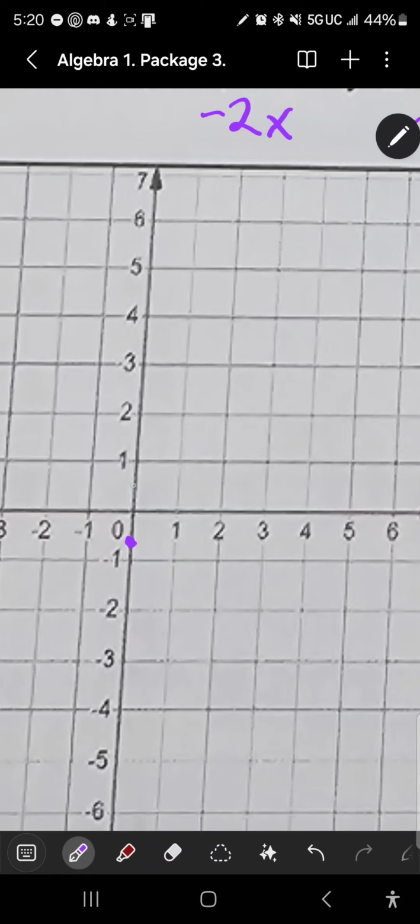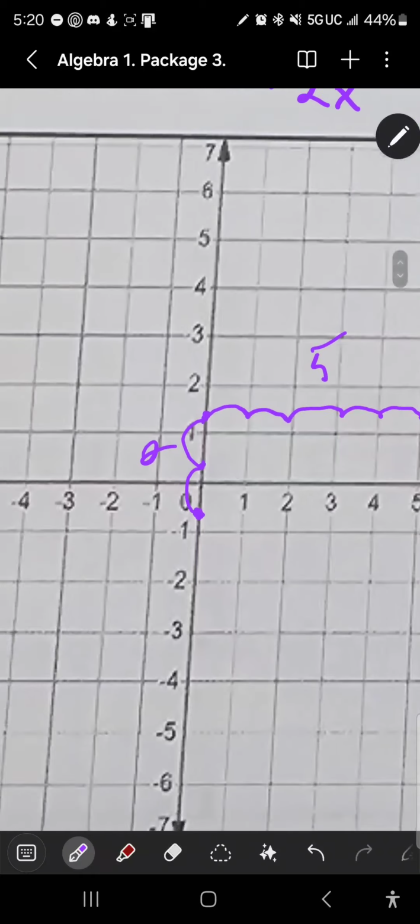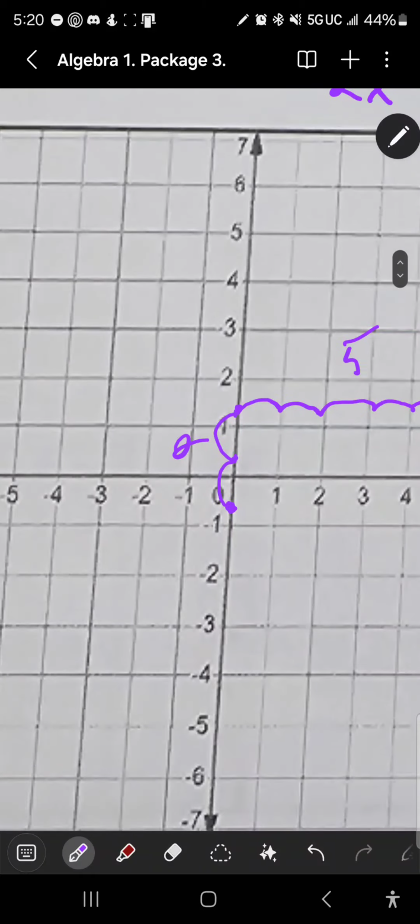I know that this is going to be 1 up, like negative 0.5, 1 up will be 0.4 here, and this is 1.4 here. So I'm doing 1, 2, and then run will be 1, 2, 3, 4, 5. So rise over run. And we can do the same to the other side.